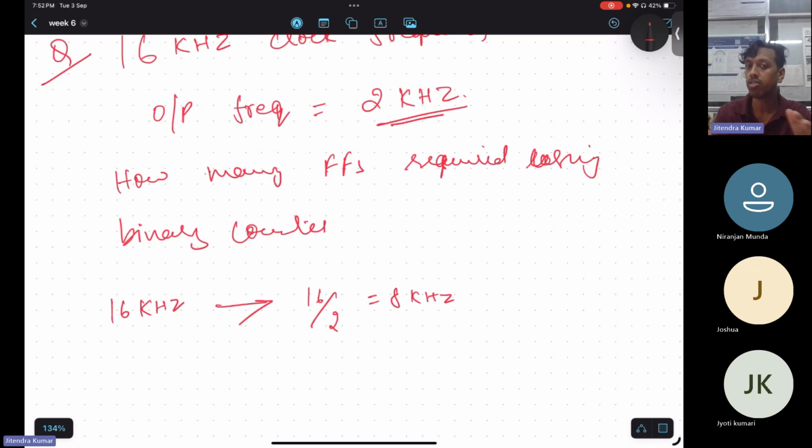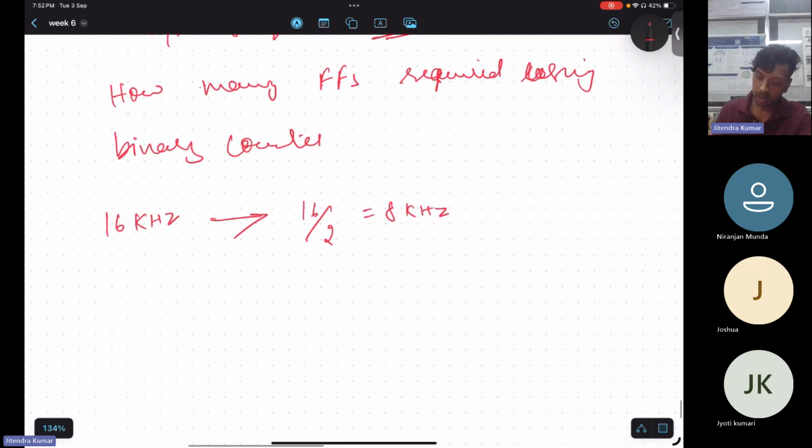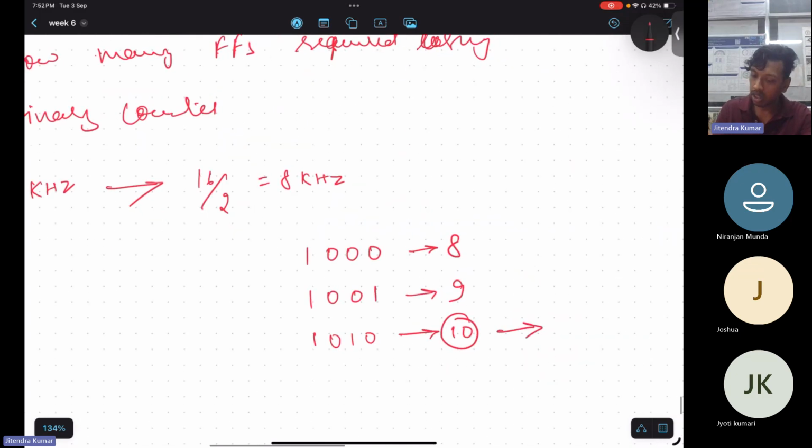If we have 4 flip-flops, 1000 will be 8, 1001 will be 9, and 1010 will be 10. So it will not show you 10, instead it will reset to 0. So there are a total of 10 stages in the binary ripple counter, isn't it?